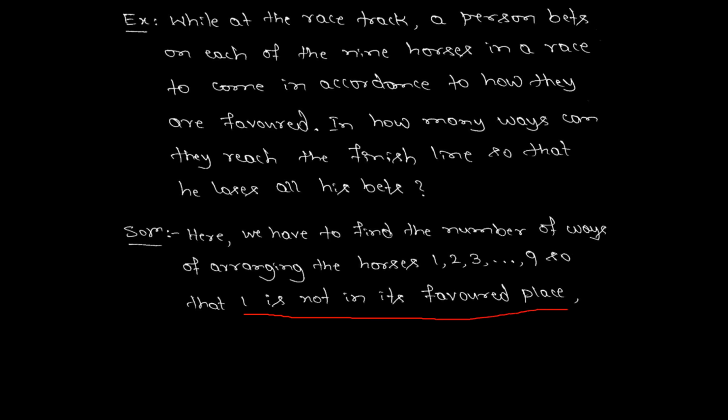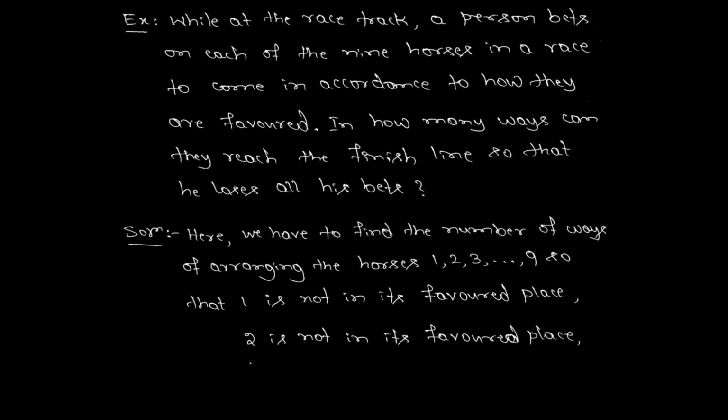That means suppose he has a bet on some favored place, then 1 is not going to satisfy that favored place. It is going to be in some other position. And 2 is not in its favored place, and so on. It will happen for all horses. So this is the derangement. This is the condition of derangement.